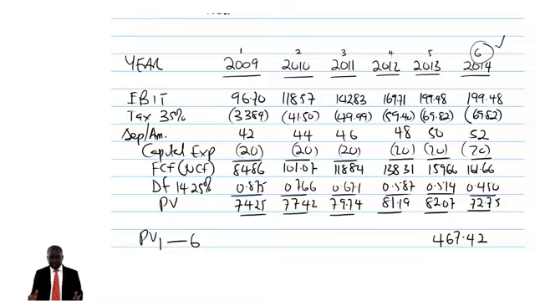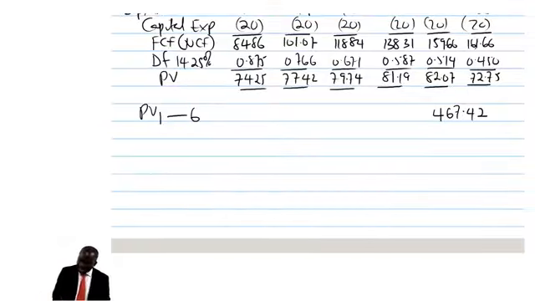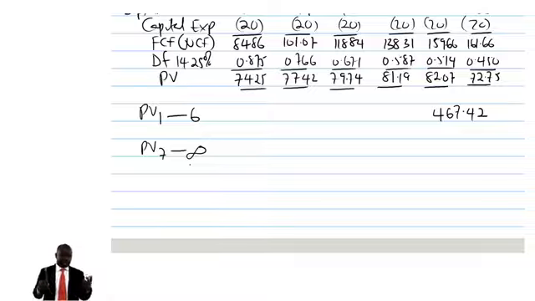So what I'm doing, just as we did in chapter number 2, will apply to all situations. So now I need to get the PV for year 7 to infinity. How will I get that? I have got a perpetuity going to infinity. So perpetuity, are you constant or are you growing?